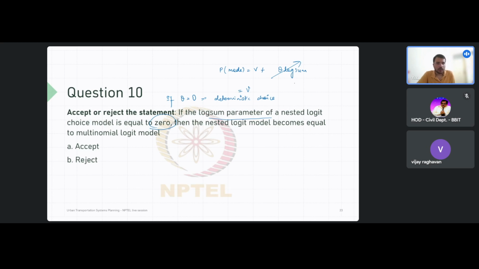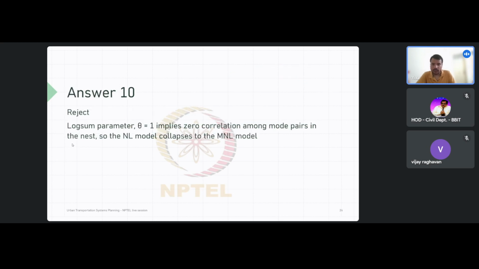So if we make the theta log sum equal to 0, nested logit becomes multinomial. The nesting part that we did using this term, where we club two modes together, that part is over. It again becomes separate modes, so we can use the multinomial logit model. So we can accept this statement. I think this is incorrect here, so it should be accept.